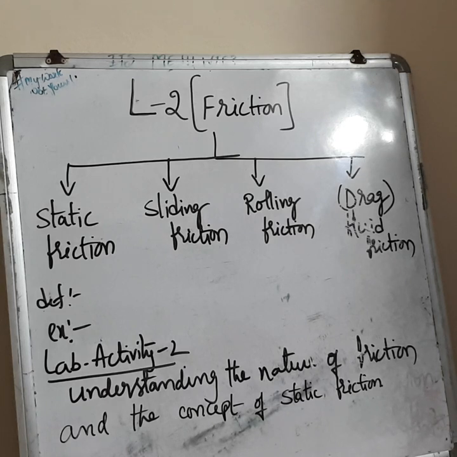That's why we can walk and run on the ground, but you cannot run on a smooth surface because friction is less and you may skid. Next, for this we have activity 3. This frictional force depends on the roughness, meaning whether the surface is smooth or rough.